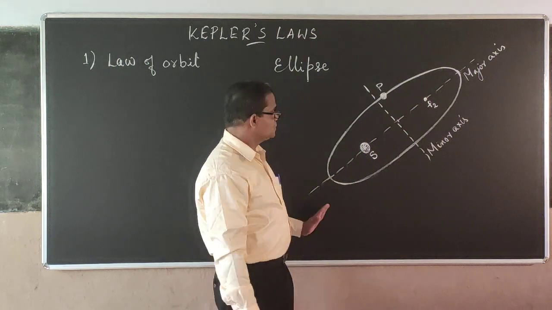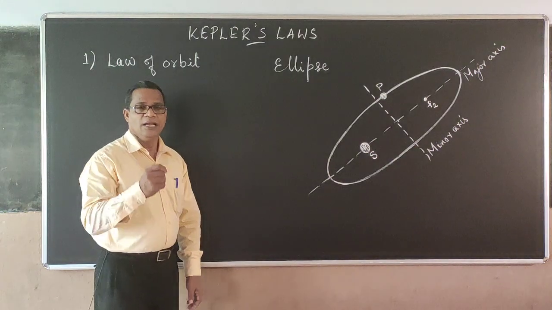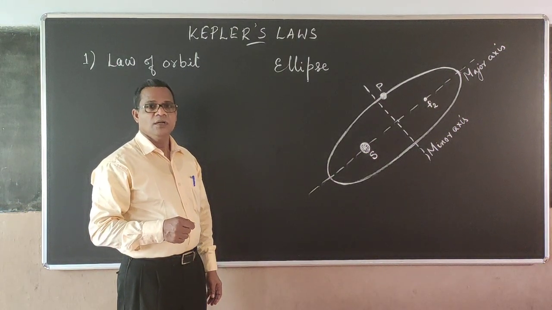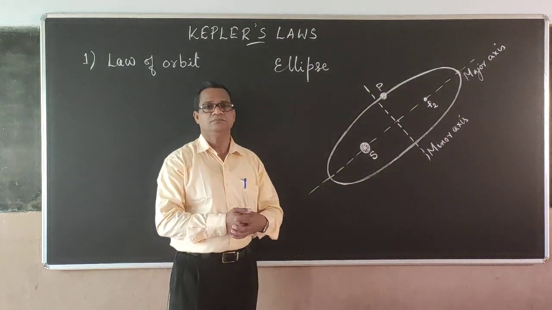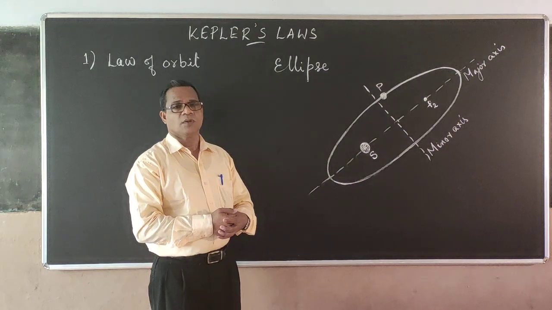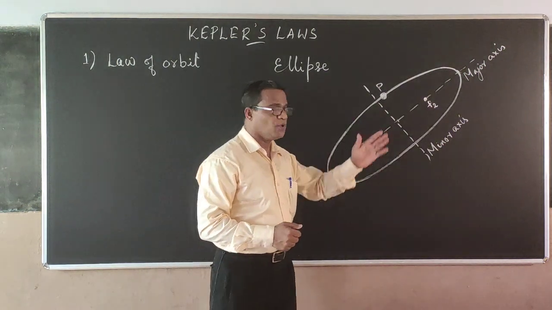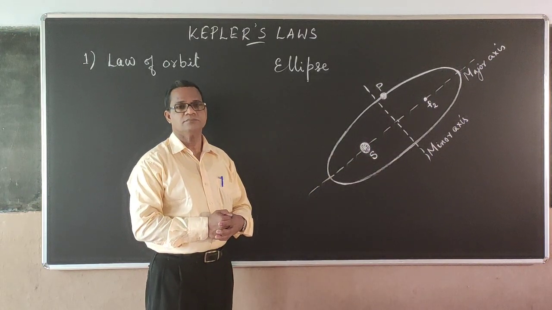Okay? So for every planet, there will be an elliptical orbit of its own, aligned in the three-dimensional space anyway. And the sun will be occupying any of the focal points of the ellipse. Okay.